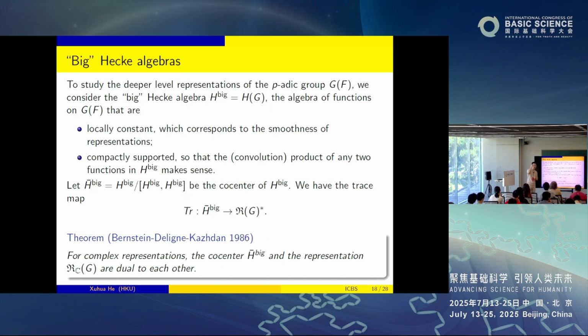So if you have a support on a point, then it also has support on a small neighborhood of the point, which means that we are not able to single a conjugacy class out from the others.